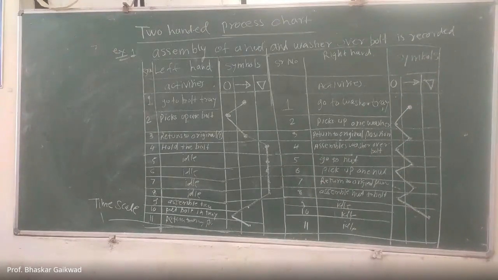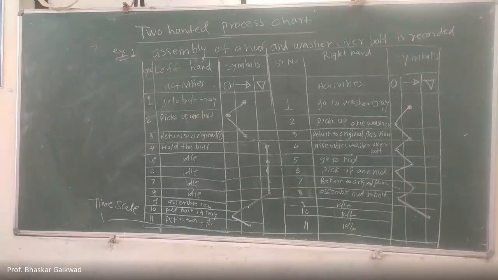But this graphical presentation of the assembly of nut, bolt, washers shows that sometimes the left hand side remains idle and sometimes the right hand side remains idle. So it should not be there. We can make use of both hands for the assembly purpose.